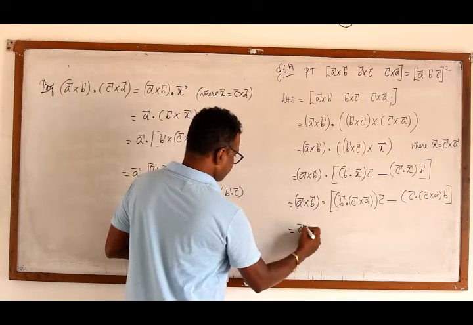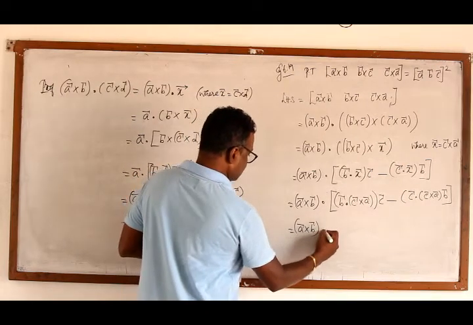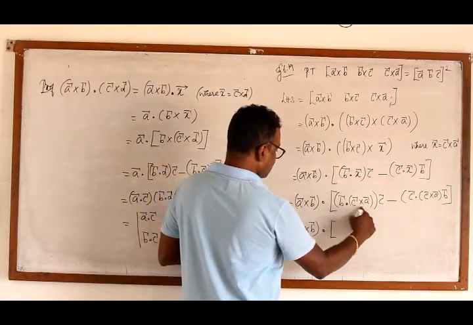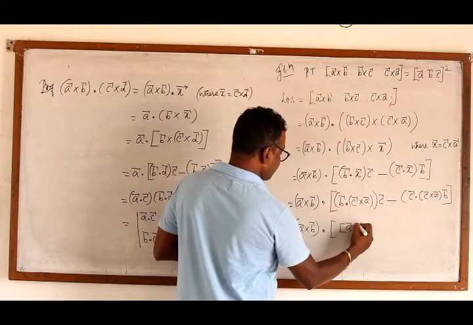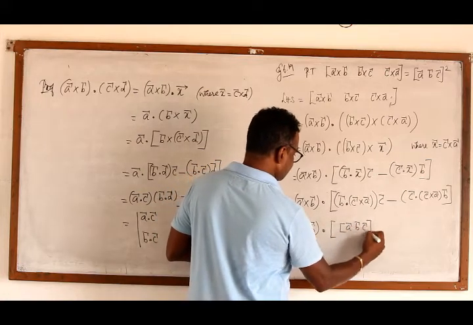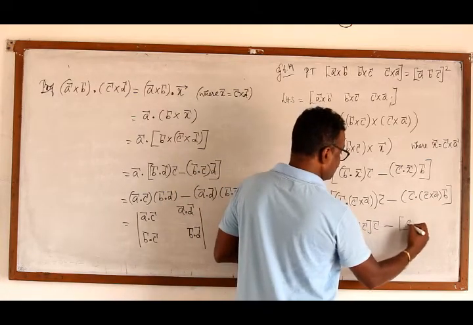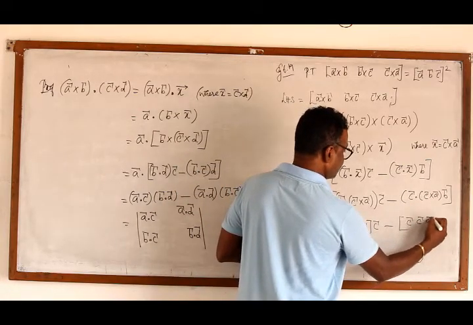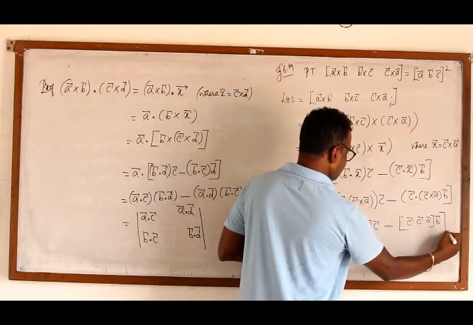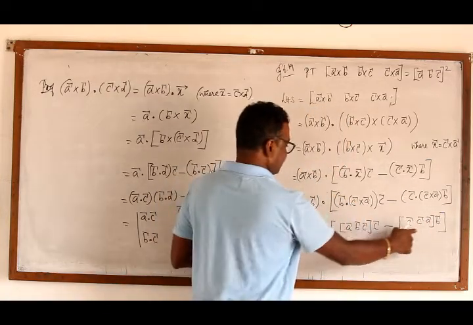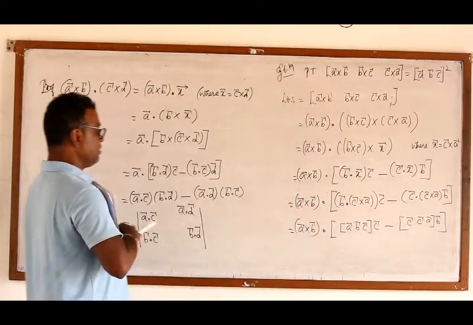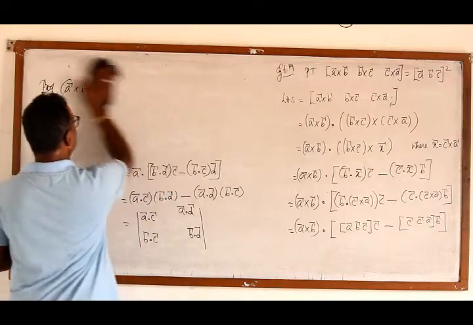Now (A cross B) dot, 1 dot 1 cross means, is it not box product? ABC into C, minus, similarly, 1 dot 1 cross means box product into B. In a box product, if a vector is repeated, then it becomes 0.